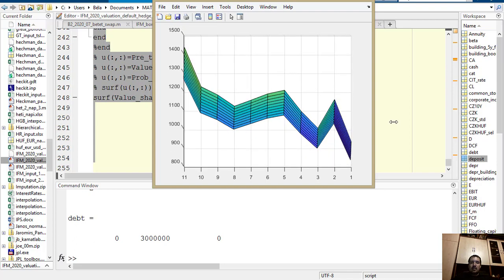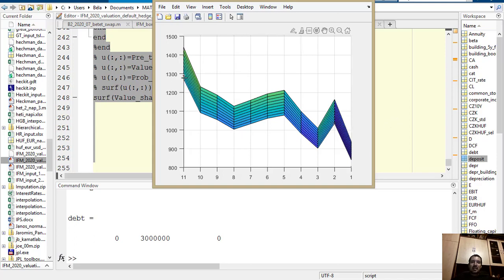So if we would increase the interest rate by 10%, it's perfect. Oh, it's so beautiful. So we can see that in the current state, without hedging, the share values would go down to 1,266 from the present higher value, which is 1,440.